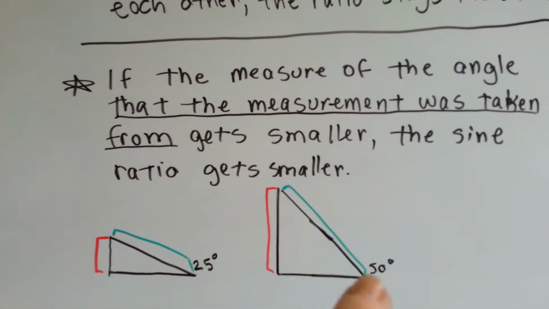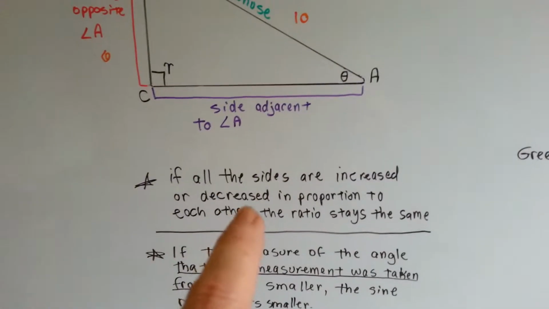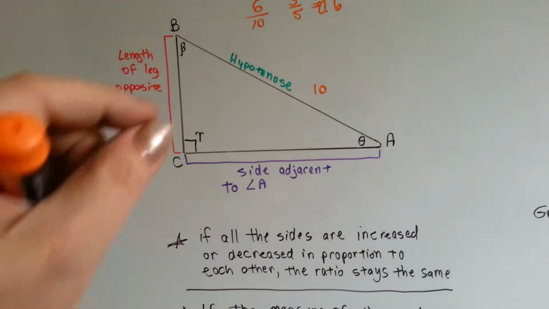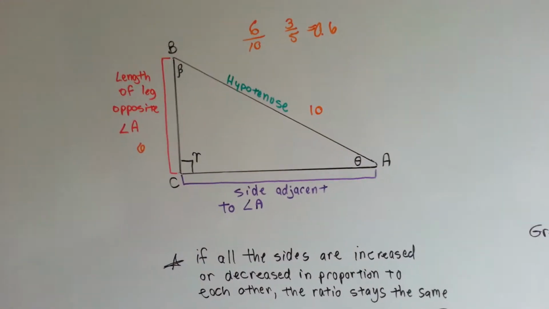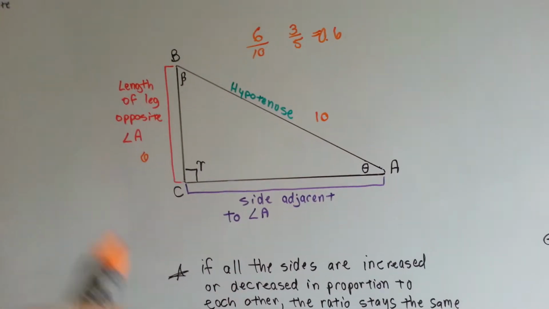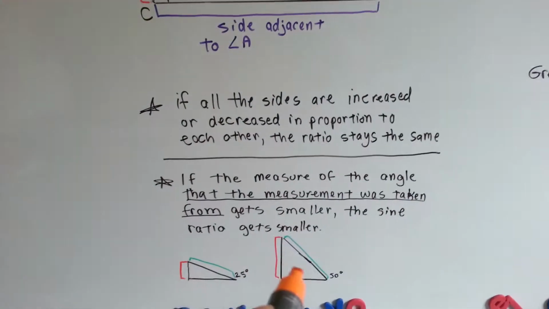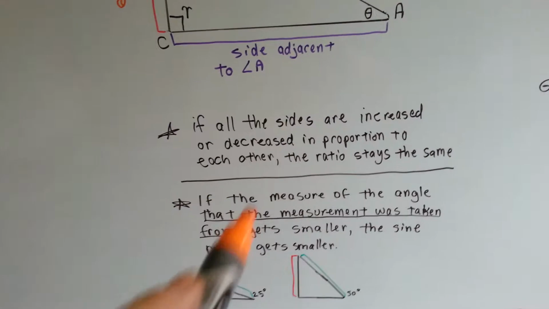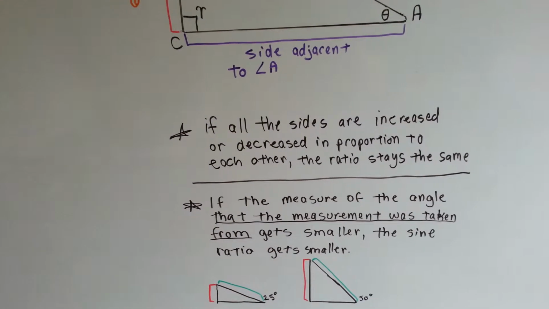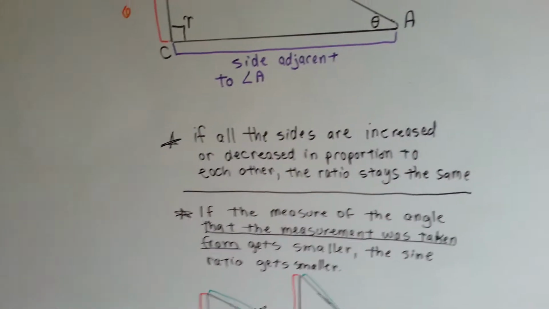So the measure of the angle getting smaller is going to affect the ratio. But the sides increasing or decreasing in proportion to each other, it doesn't matter. If you increased all of these sides in proportion, then this would stay in proportion. Remember, it's only if the angle gets smaller that the sine ratio is going to get smaller.